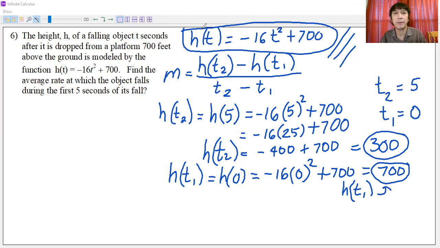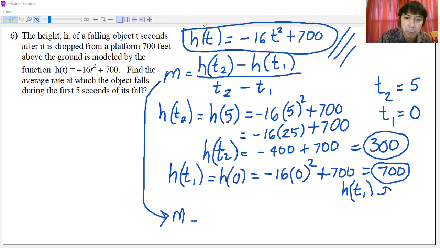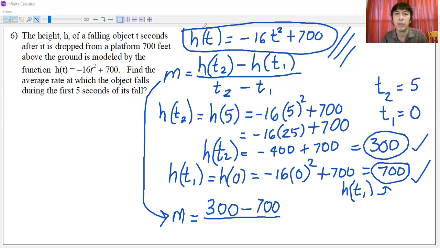Now let's compute the average rate of change, the average rate at which the object falls. We'll be using this formula over here. That will be m. So H of T2 is 300, minus H of T1, that's 700, divided by T2 minus T1.